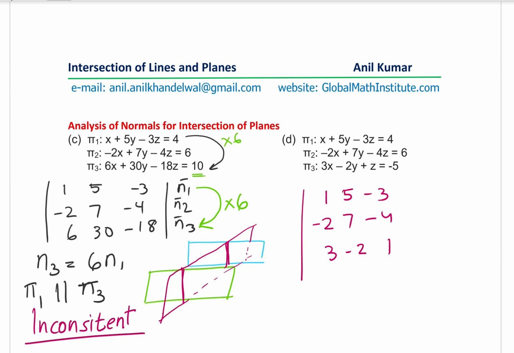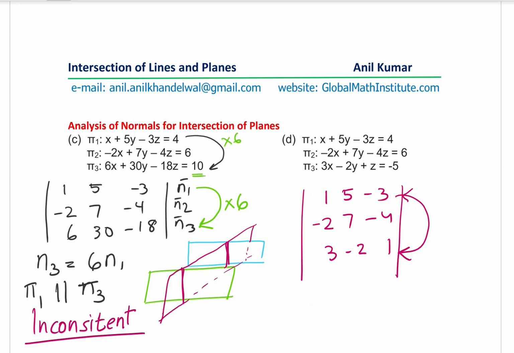Right? So we can actually find the scalar triple product also. But before going over there, let's analyze these normals. So are they parallel? Well, there is something very interesting about these, and it is that if I add these two, then I get the third one, right?